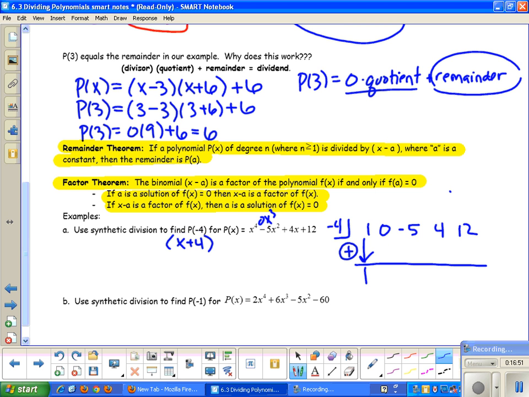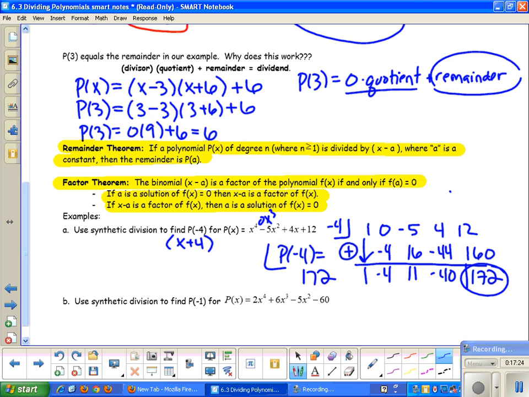One times -4 gives me -4. This would be 16. So notice I get this polynomial equation right here. So if I plug -4 into my equation, I know that p of -4 should be equal to 172 because that's what my remainder is.